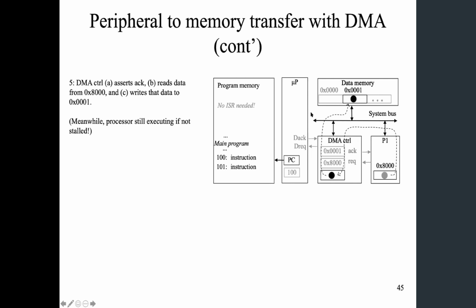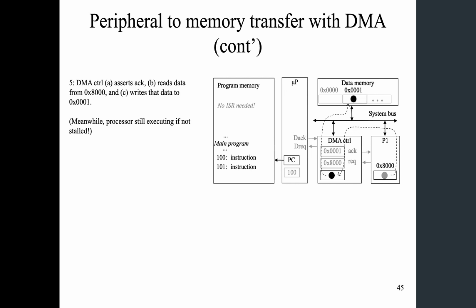But you see the major difference is the microprocessor here is out of the picture during that data copy process. That's good news, believe it or not. This microprocessor can execute whatever instruction it has. So all these can be executed while this data copying is taking place.